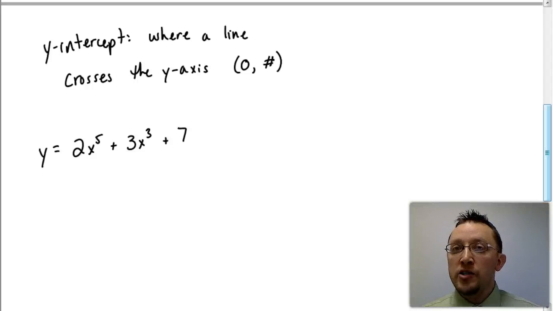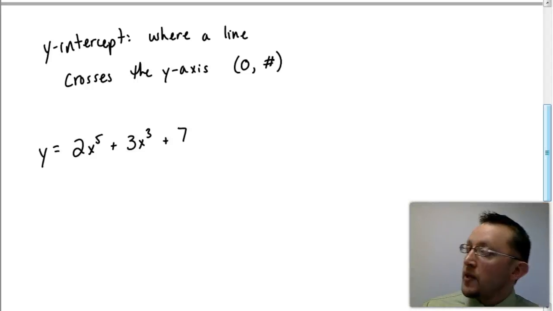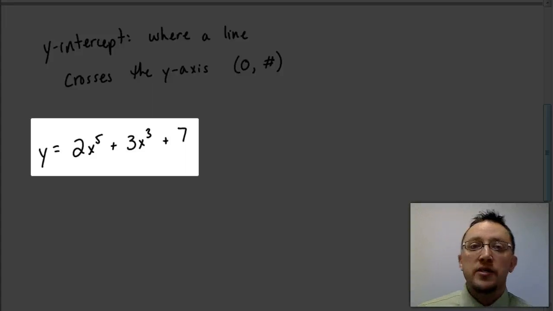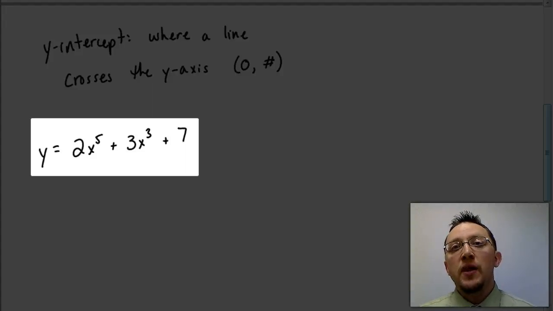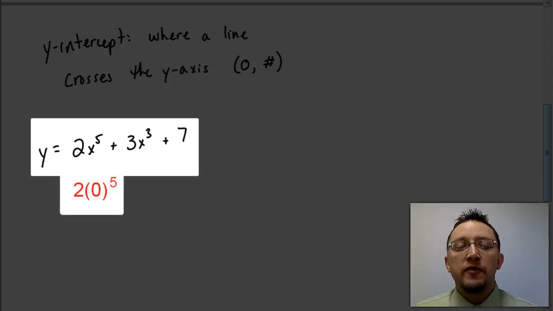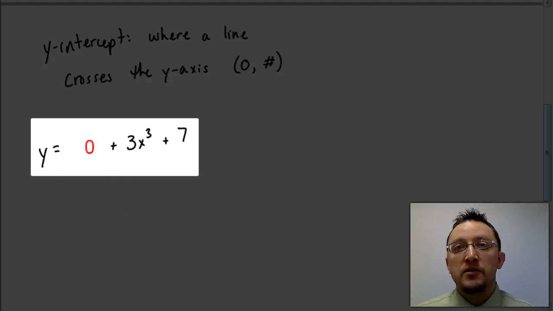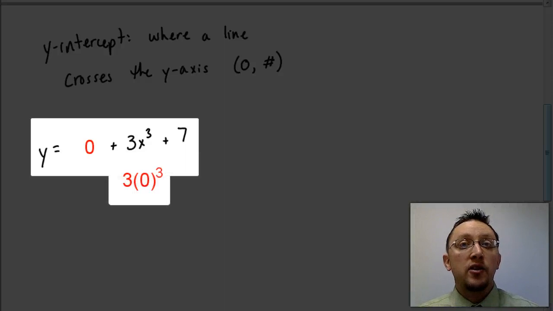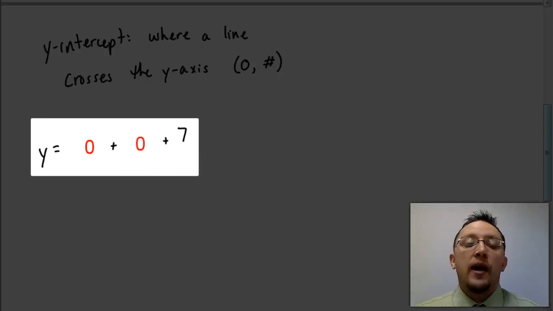An easy way to determine that by looking at an equation, like here I have this equation, y equals 2x to the fifth power plus 3x cubed plus 7. Well, if I put 0 in for x, 0 to the fifth power is 0, times 2 is still 0. And 0 to the third power is still 0, times 3 is 0. Add all those zeros up and add that to 7, and we get a y-intercept of 7.